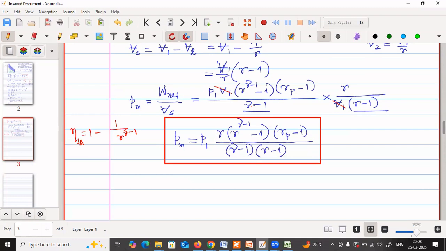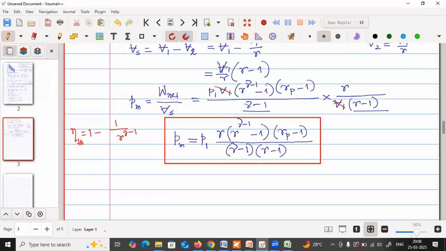Therefore, the marks will accordingly increase, for example 5, 7 or 8 marks. Mean effective pressure calculation can be a total of say 10 marks, including efficiency, work output, etc. So the problems can actually be of different types.